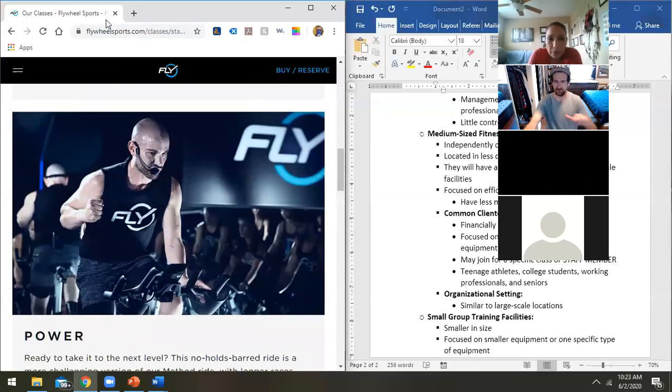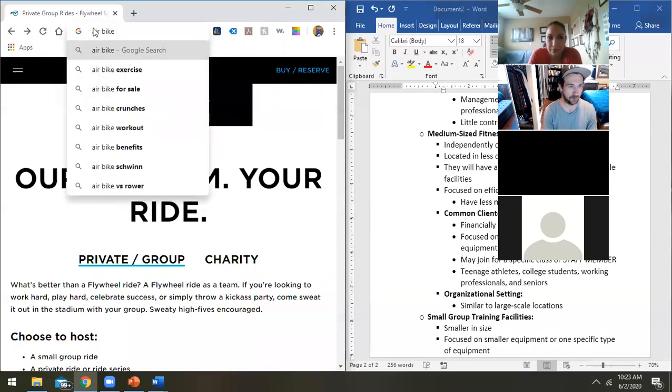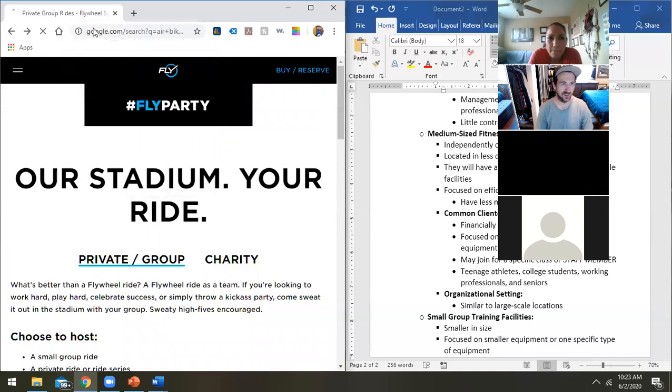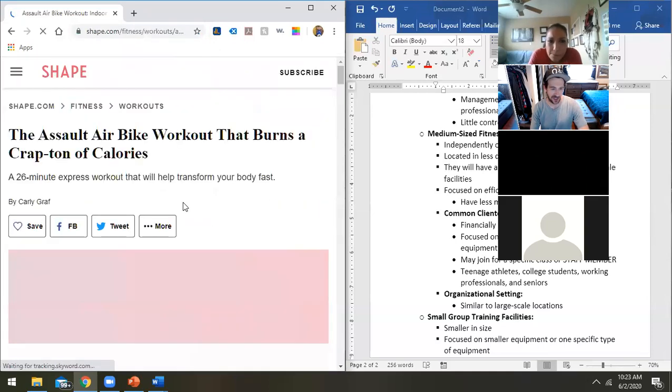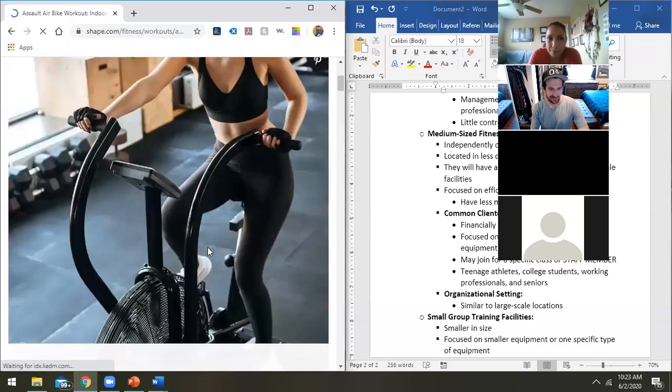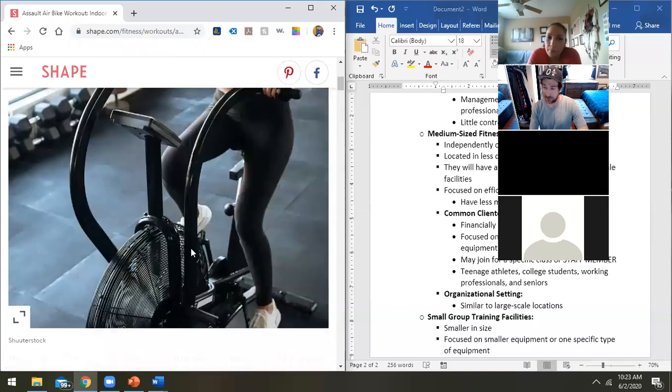What's the one with the arms? The air bike. The ones that actually got the arm stuff, yeah, Assault air bike. Show you a picture here. But you'll see classes in just a little studio. You buy a bunch of these, put them in that studio, bada bing, bada boom, you're done.